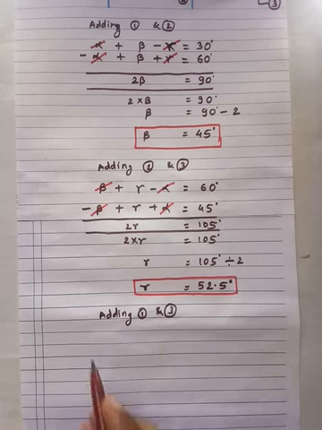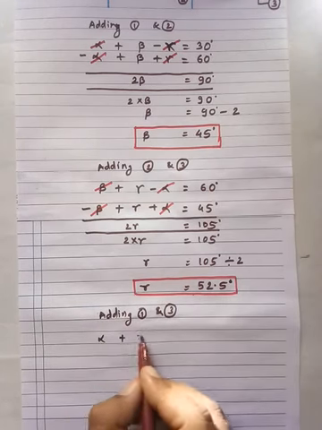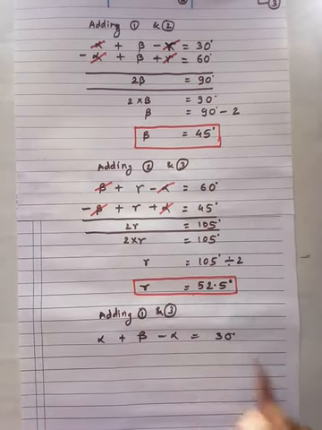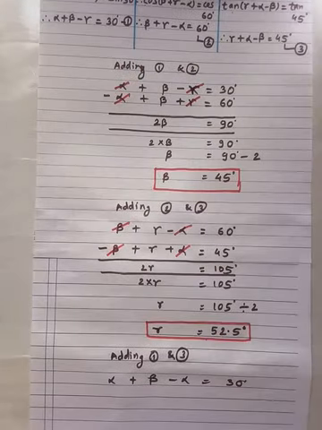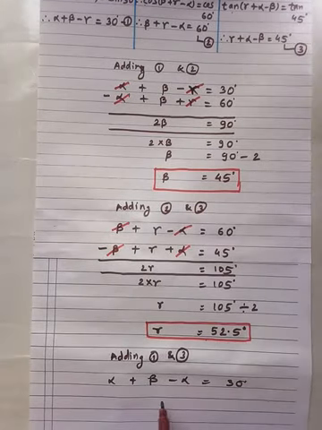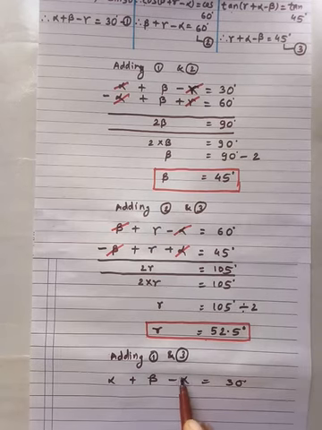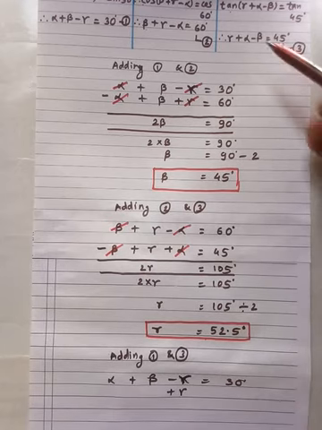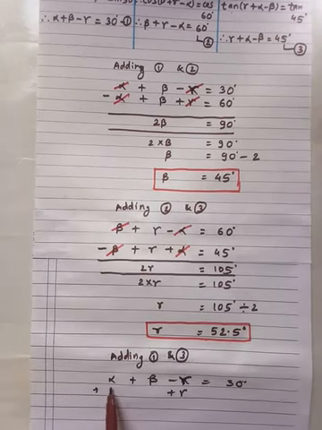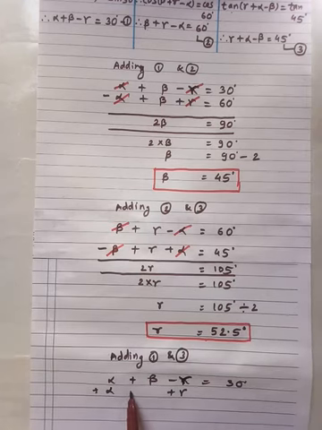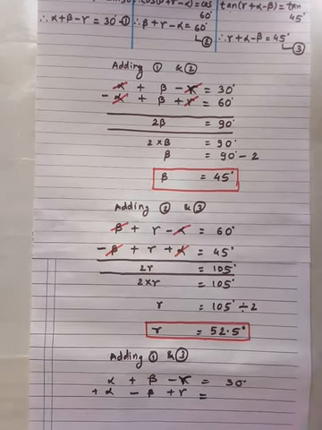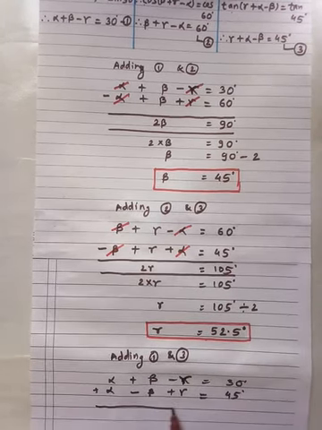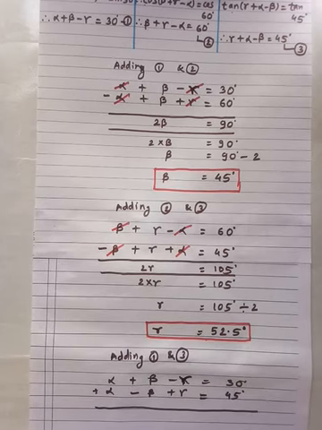Here the first one is alpha plus beta minus gamma equals 30 degrees, and the third one is what? The third equation is positive gamma below the gamma, positive alpha below the positive alpha, minus beta below beta, equals 45 degrees. Here we take like terms one below another.